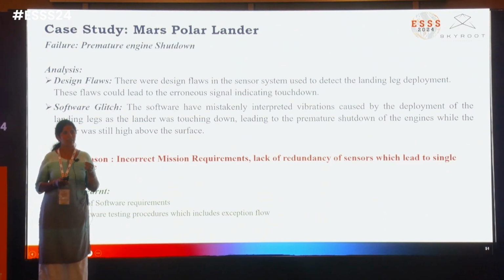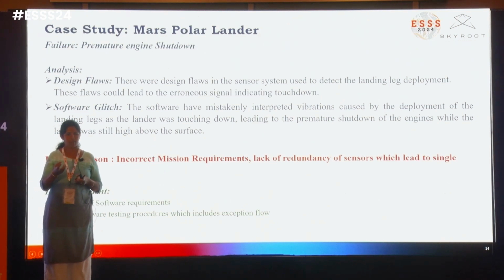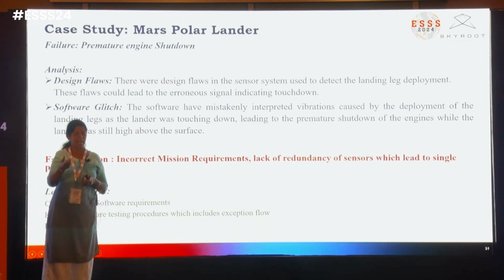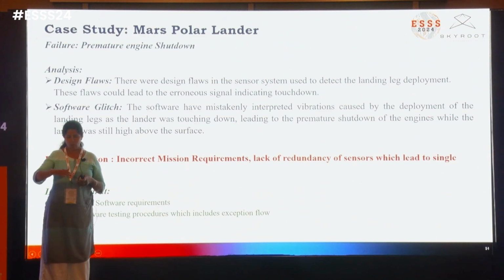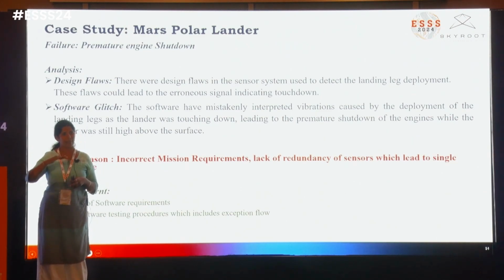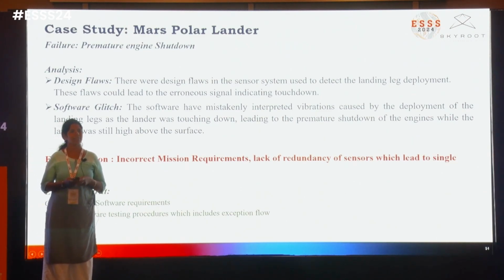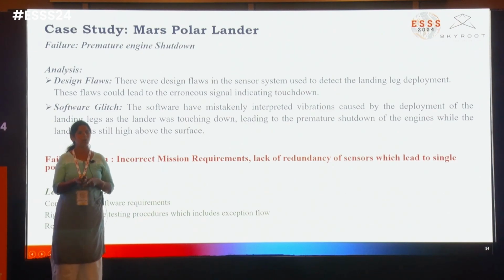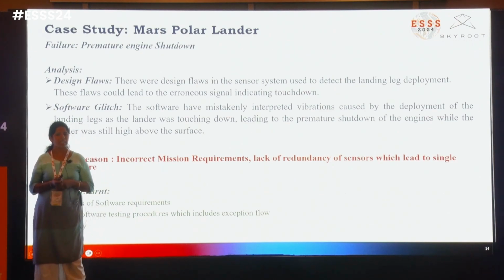If they had kept a redundancy detection mechanism, like using a height sensor to detect how high the lander is from the surface, that would have saved the mission. So capturing the correct mission requirements and having redundant mechanisms for the success rate is also very important.